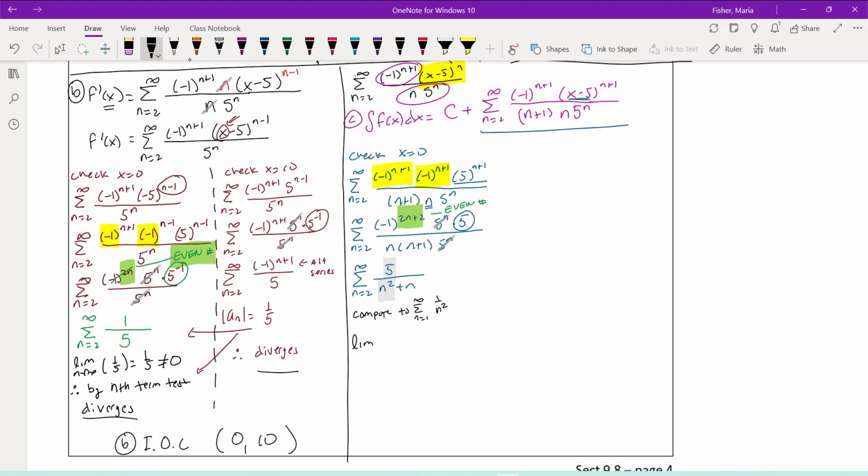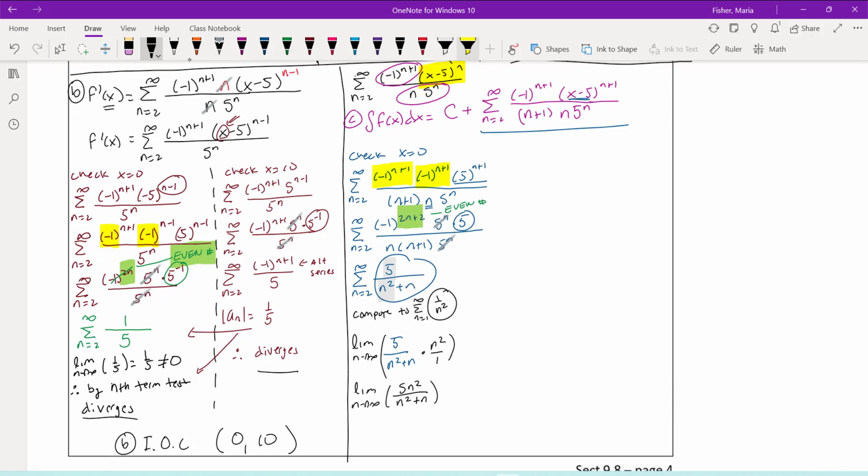The limit as n goes to infinity of your given is this guy, 5 over n squared plus n, divided by your known, or times the reciprocal of the known, so times n squared over 1. So that becomes the limit as n goes to infinity of 5n squared over n squared plus n.